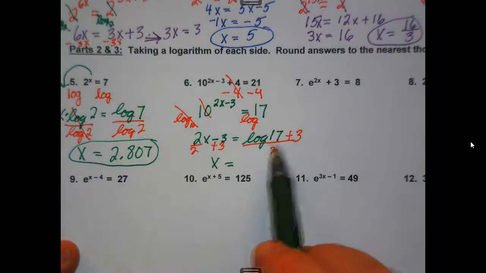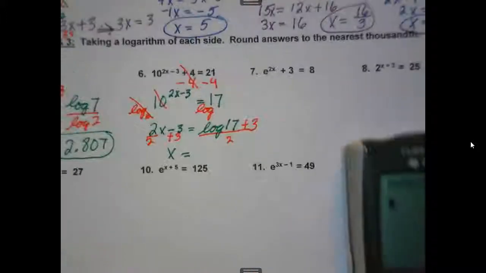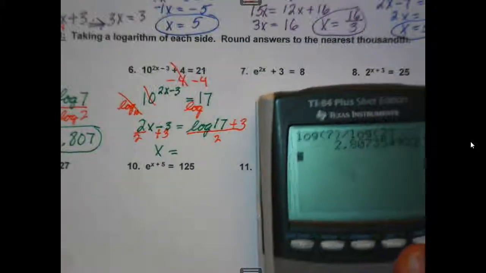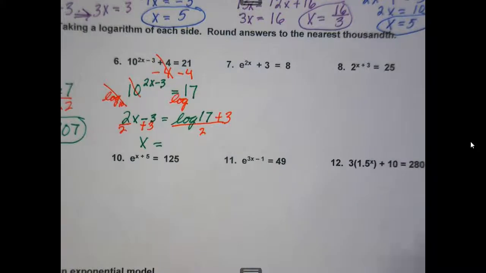Do your numerator first, hit enter, then divide by 2. So we're going to take log of 17 plus 3, hit enter, then divide by 2. And I get 2.115.